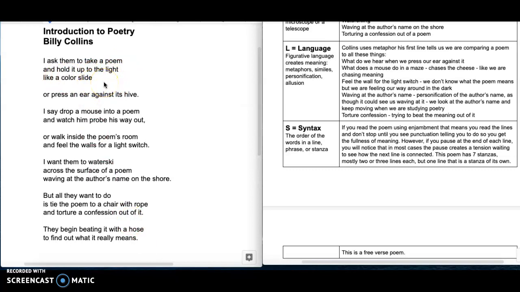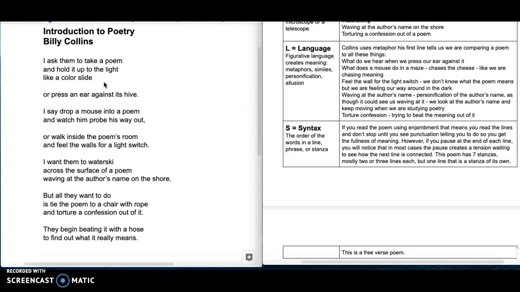Well, if you know what a color slide is, you know that it's like a thumbnail of film from the olden days before digital photography. And when you would hold a color slide up to the light, you could see it more clearly. So I think he's telling us to shine a light on this poem, something we can do to see it more clearly. And then he suggests pressing our ear against the poem, like pressing it against a hive.